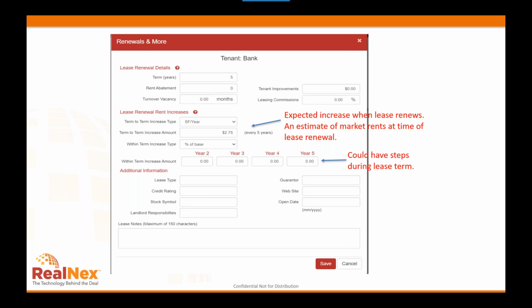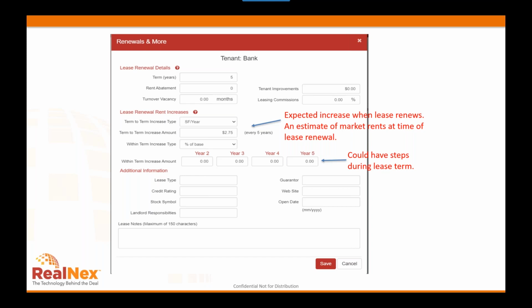So that $2.75 there that we see is the expected increase when the lease comes up for renewal. So what we're doing is we're estimating what market rents are going to be at the time the lease is going to renew. There's different ways this might be done in different programs. Sometimes there's a growth rate that you assume that's going to apply to what the rents are today that would take you up to a $2.75, in this case, increase.